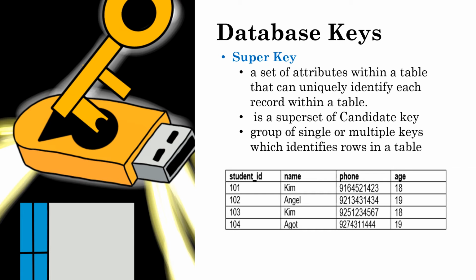So the super key may have additional attributes that are not needed for unique identification. In the given example of our table, the student ID can be considered as the super key.